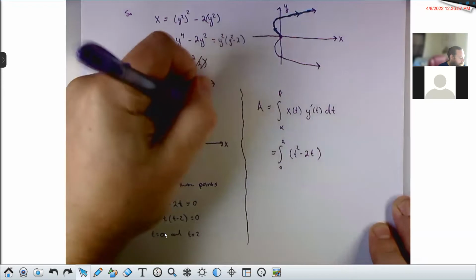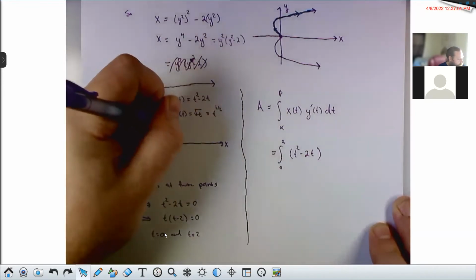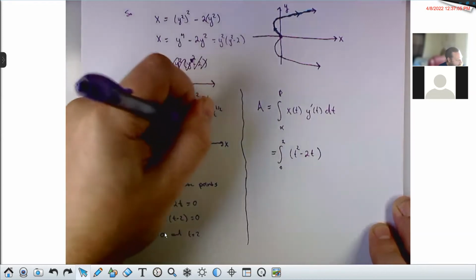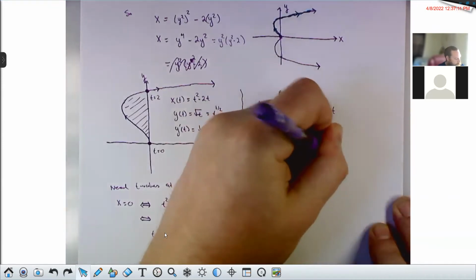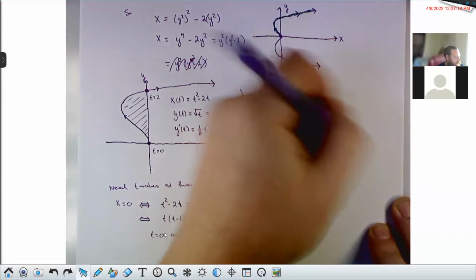For y prime of t, y is t to the 1/2, so if I differentiate, y prime of t is 1/2 t to the negative 1/2.